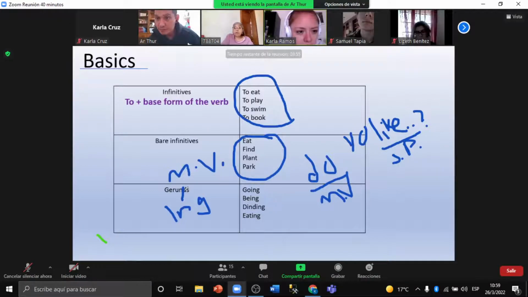Teacher, what is the meaning of MB? Of what? Or in verb infinitives, what is the meaning of MB? Modal verb. Oh, okay. It's a modal verb.